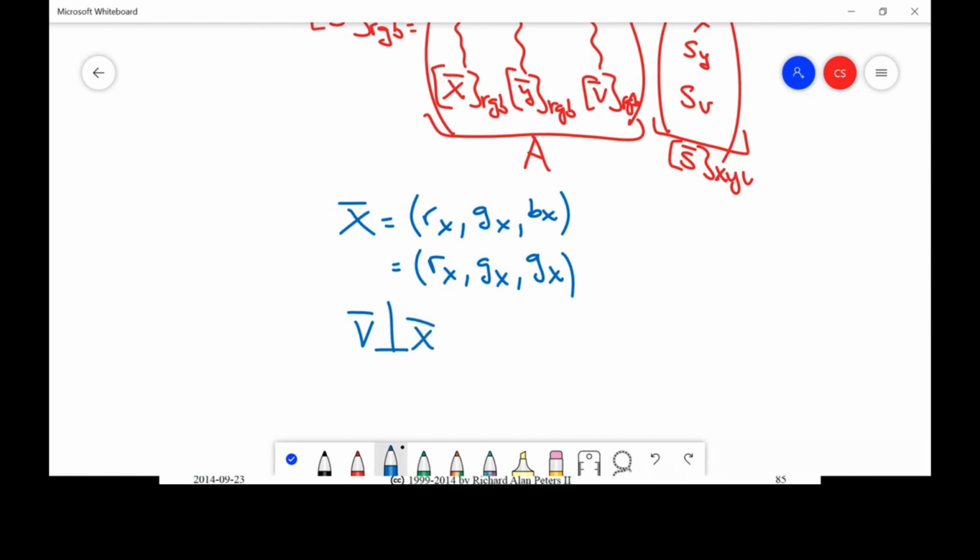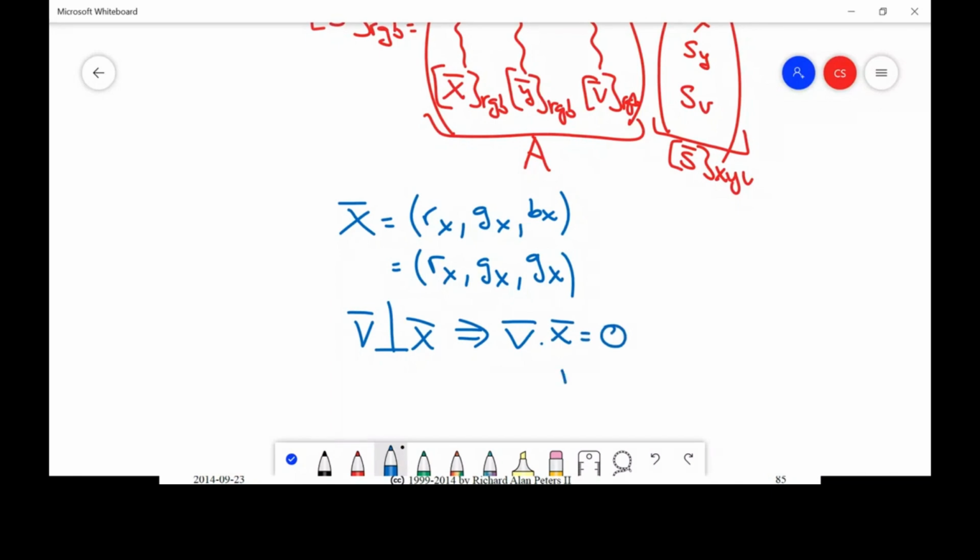How do I encode that? So what is the equation? If two vectors are perpendicular to each other, the scalar product is equal to 0. The inner product is 0. So this implies that V times X is 0.